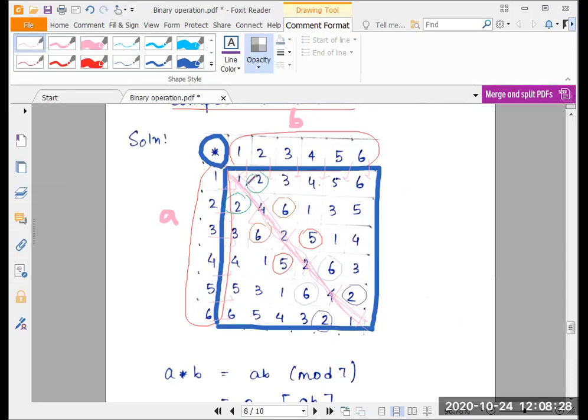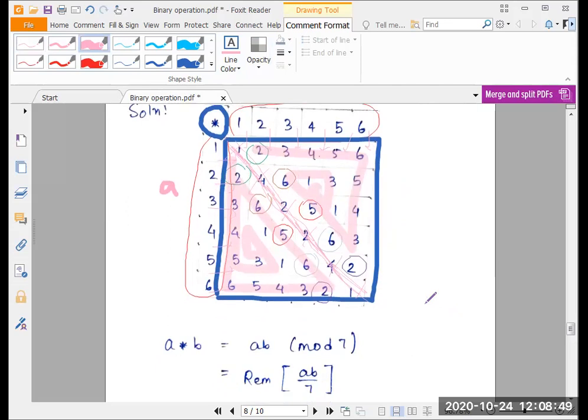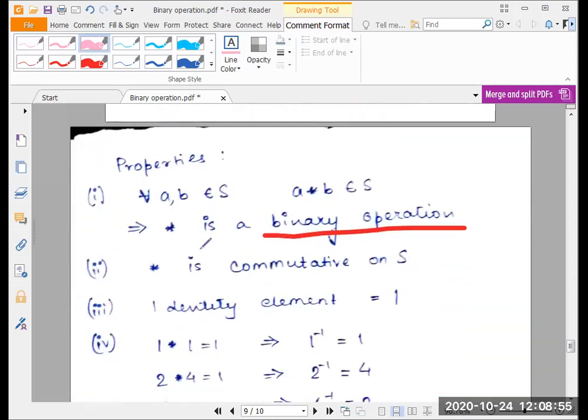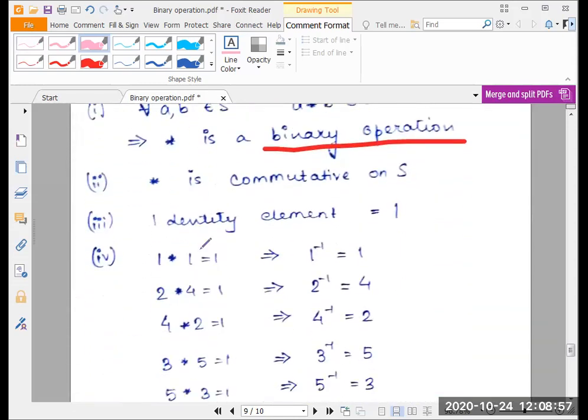When this entire section is mirrored on the other section, then you say that the commutative property holds. Just by looking at the composition table, I can say whether the binary operation is commutative or not. I didn't even need to do any calculations.